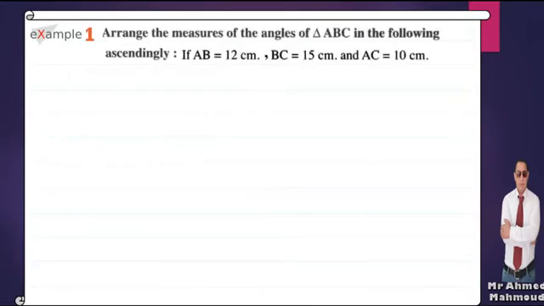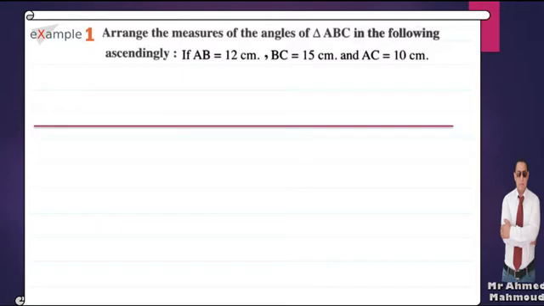Example 1 here. Arrange the measures of the angles of triangle ABC in ascending order. First, I will draw the triangle like this, A, B, and C. Here we have AB equal 12, BC equals 15, and AC equal 10.